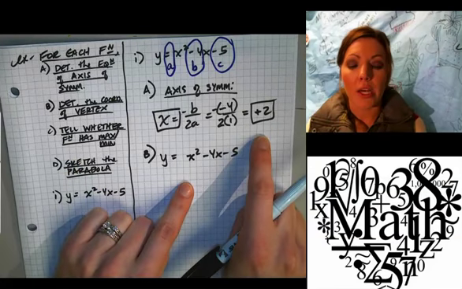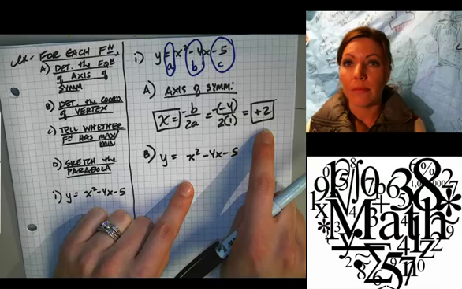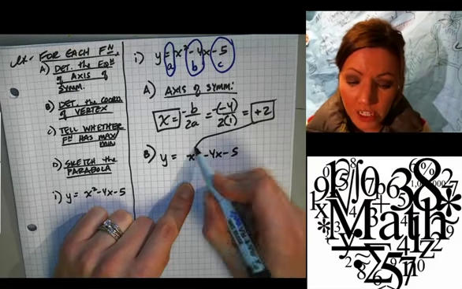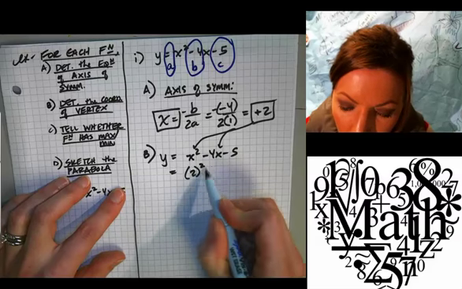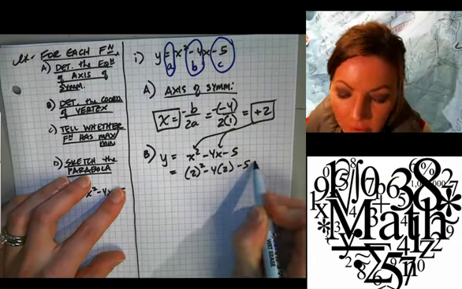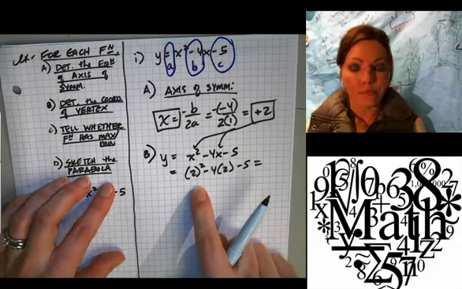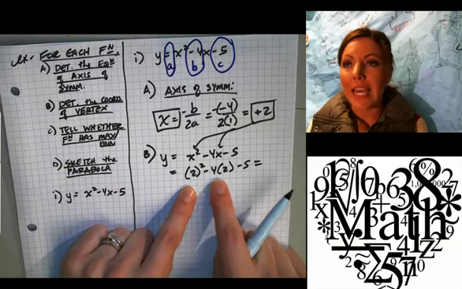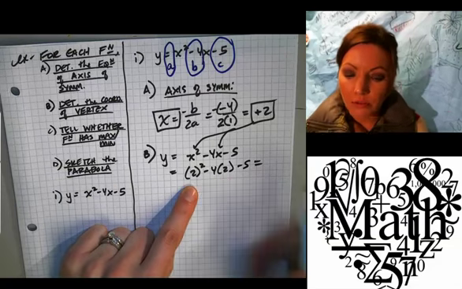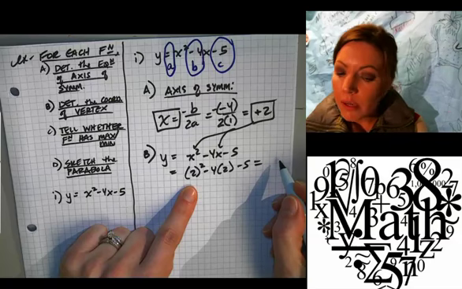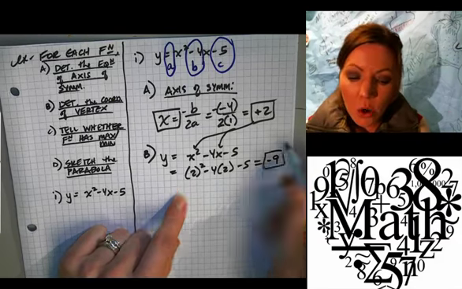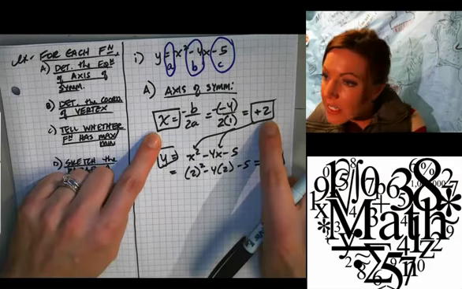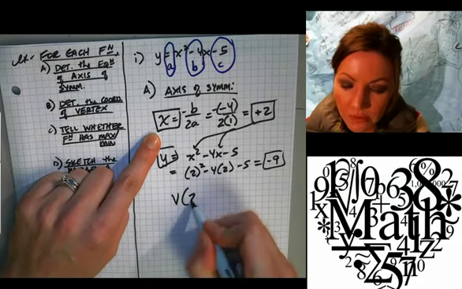Plug this into x, into this equation that we were given to start out with. So we get 2 squared minus 4 times 2 minus 5. 2 squared is 4. 4 minus 8 is -4. And -4 minus 5 is negative 9. Okay, so the x-coordinate of the vertex is 2, so the vertex is positive 2, comma, negative 9.